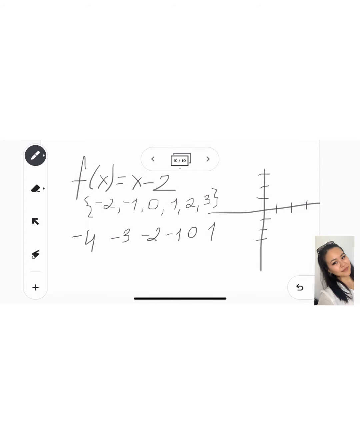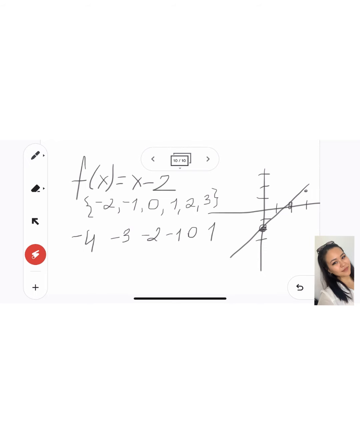For example, the simple ones: when x is 3, y equals 1. When x is 0, y equals -2. These points we will use, and this kind of straight line we will get. So this is the graph of our function.